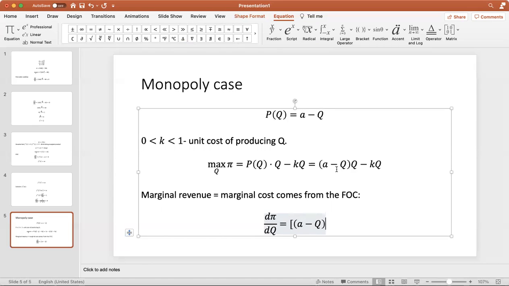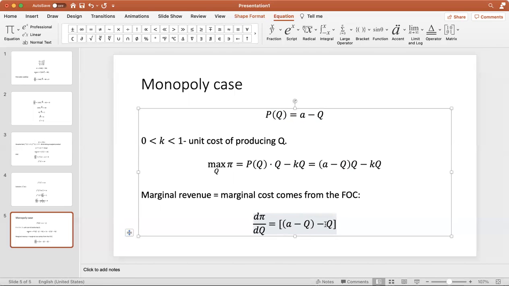So you take the derivative of this inner function, A minus Q, minus Q, so A minus Q minus Q. Or if you want, you can just distribute this Q within this bracket and you'll still get the same results.